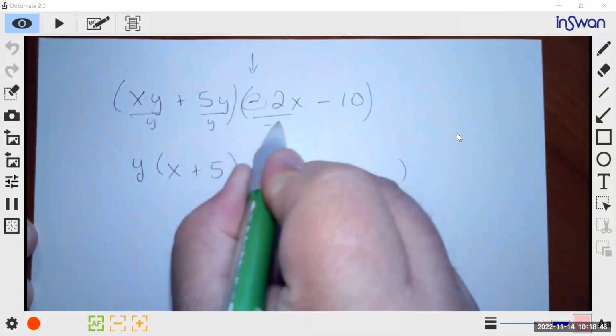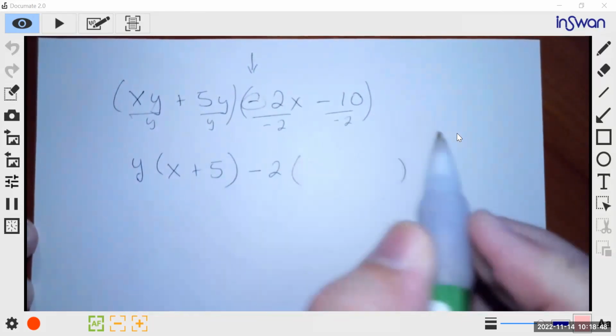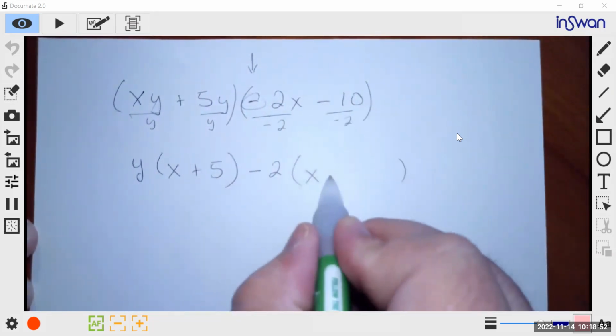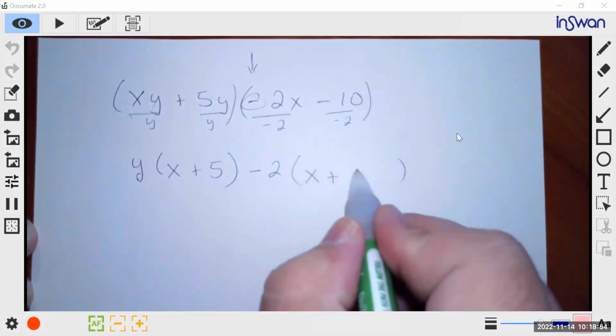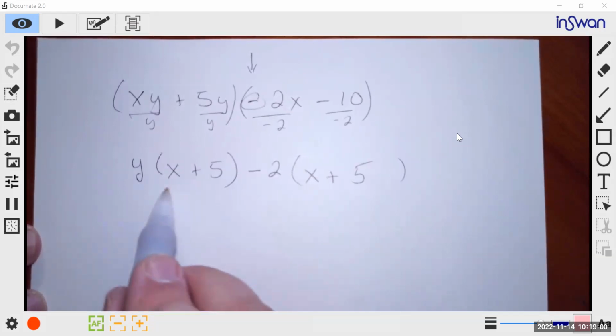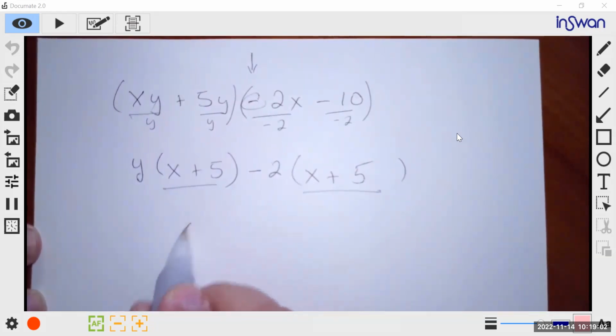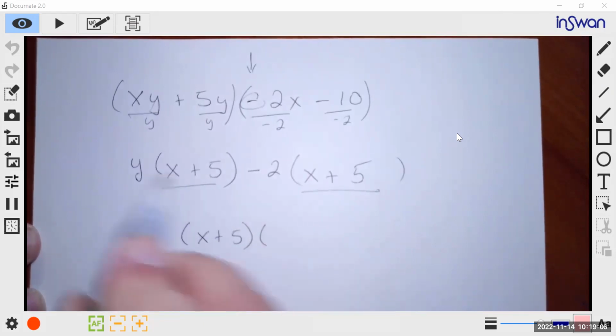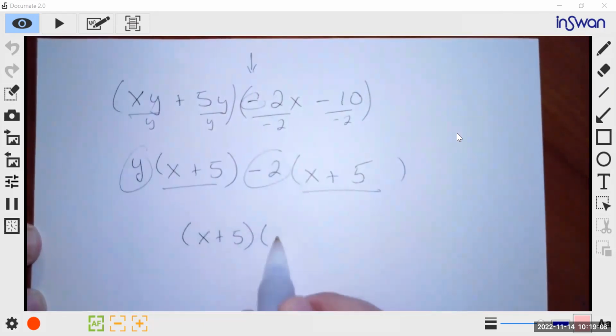So if I divide both of these by -2, we have x, negative and negative, positive. 10 divided by 2 is 5. So we have the same things. So x plus 5. And the second parenthesis are simply the coefficients.